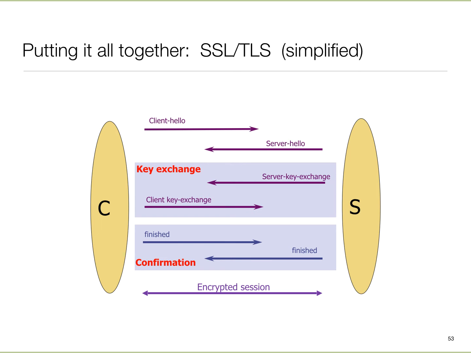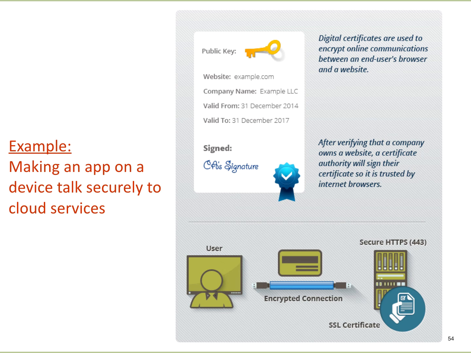So all of this machinery kicks in. So you can use this thing not just in a browser setting, but of course anytime you are accessing web services as IoT devices do, you will again need something equivalent. So this is an example where an app can talk securely to some cloud service.